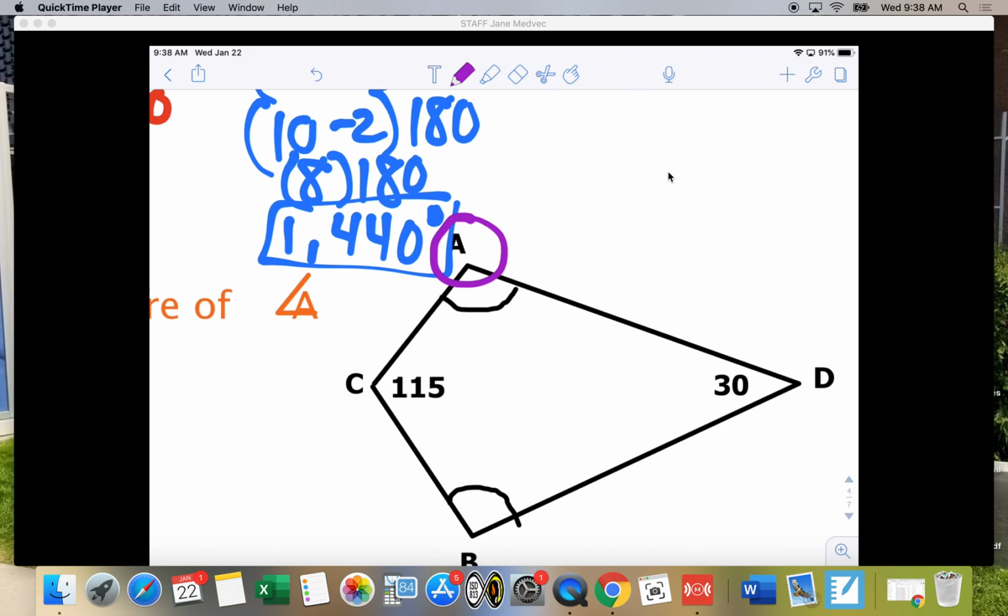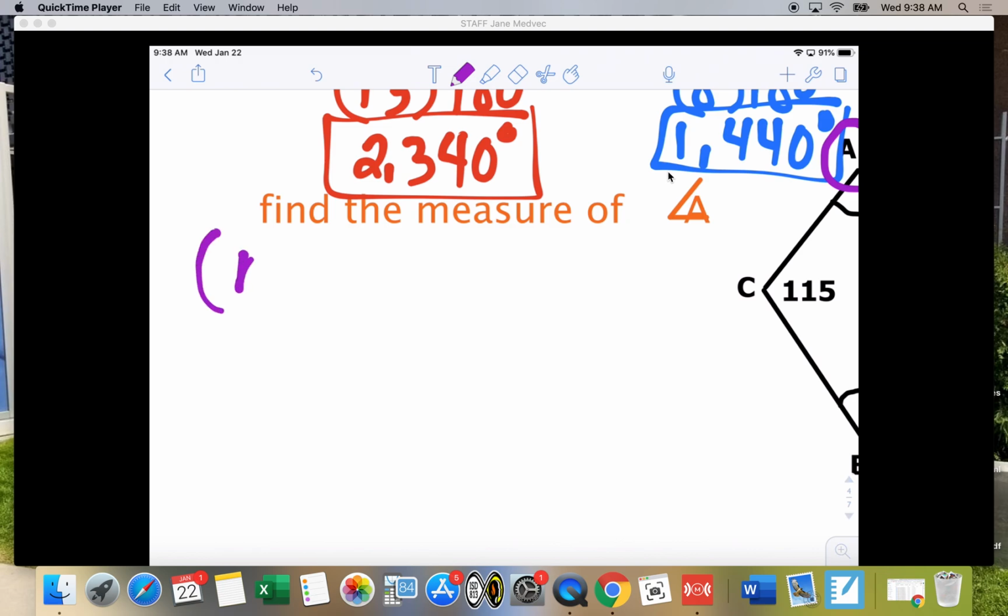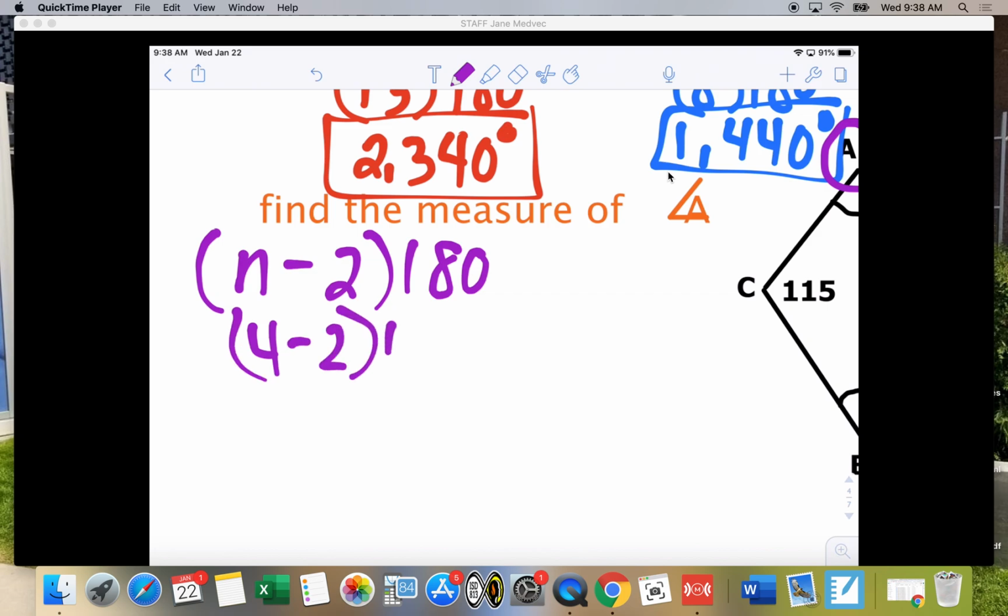Now, you know as well as I do, it's 360 because it's 4, but like why? So you need to prove it by using your formula. You're going to grab your formula. It's going to be n minus 2 times 180, 4 minus 2 times 180, 2 times 180, and I get 360.